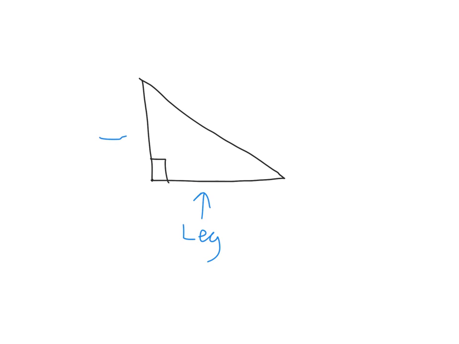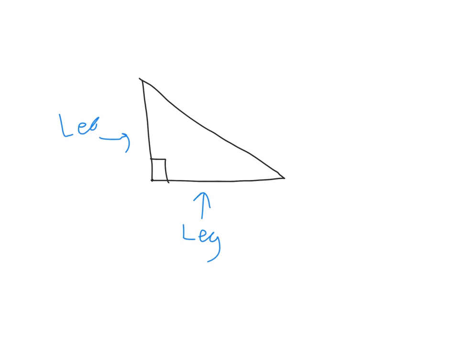So if you recall, a right triangle looks something like this, and I know it's not perfect here, where you'd make a right angle. These are called your legs. So leg, and then this is your other leg.